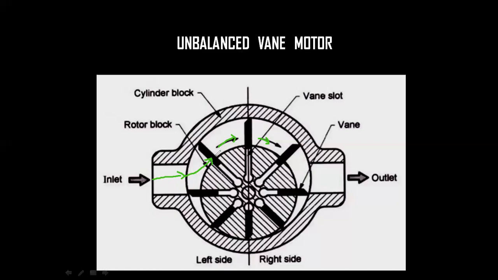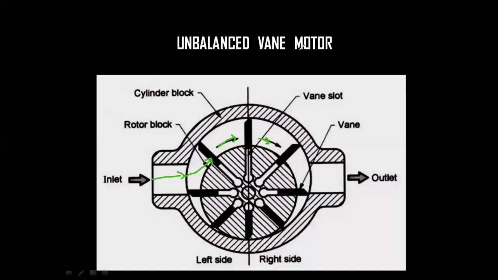Due to this rotation, the rotor inside the vanes rotates around its axis, but the axis has a different center. So when this rotation takes place, there is a big gap or clearance between the cylinder block and the rotor.